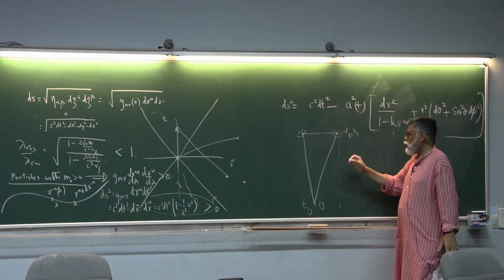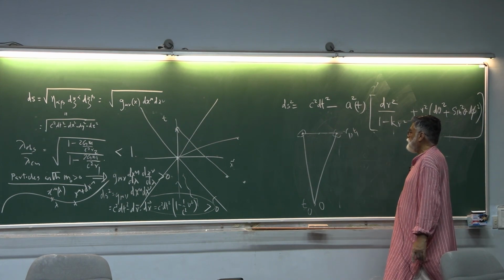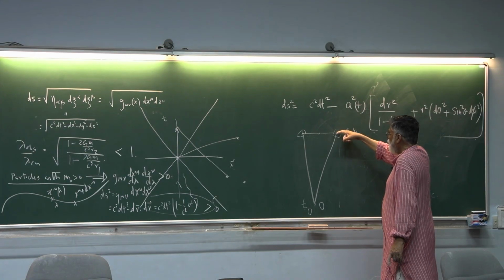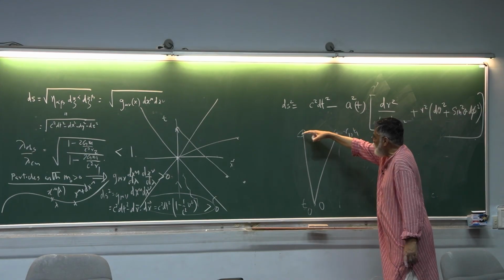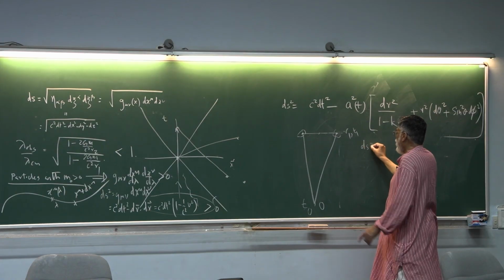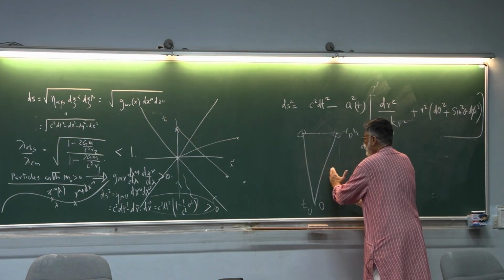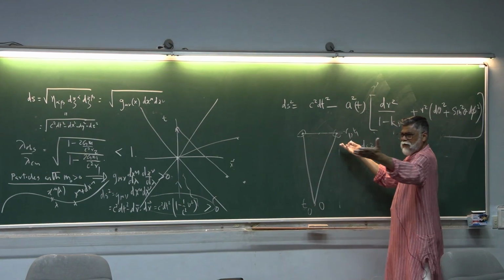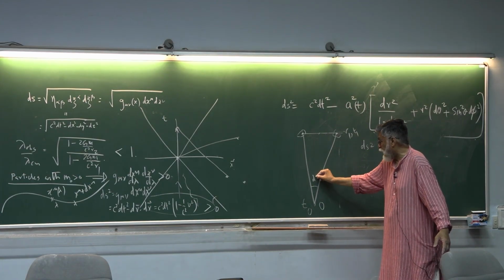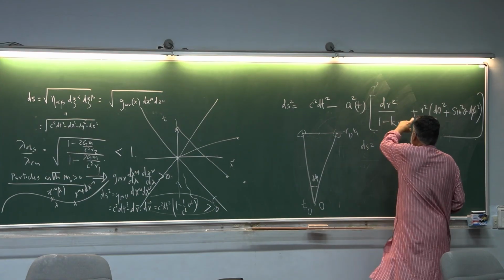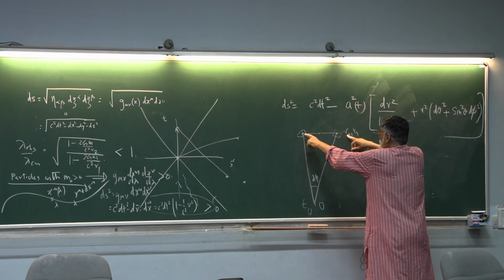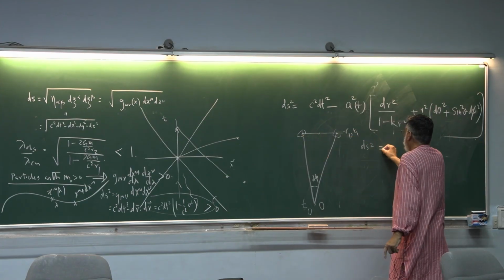If theta equal to pi by 2, then the light signal is being sent from here at time t1 and also from there at time t1. Let's therefore calculate what ds square is. I'll assume that the angular separation is very tiny, so this is d phi. But remember, theta is the same and r1 is the same. This blob is also at r1. So what is ds square?